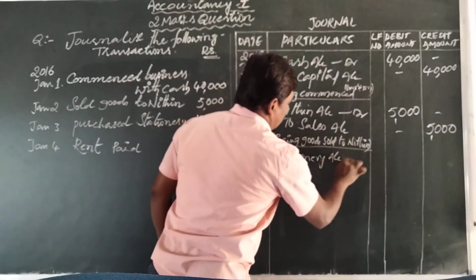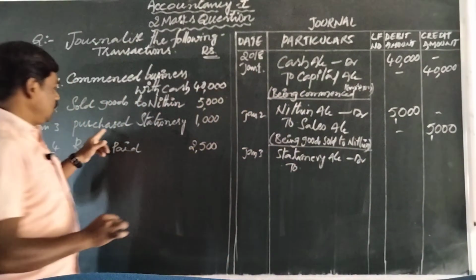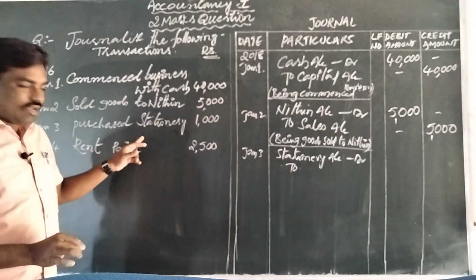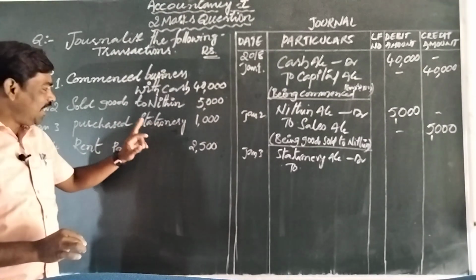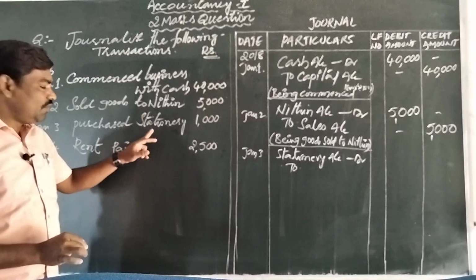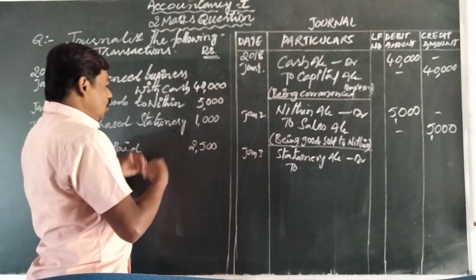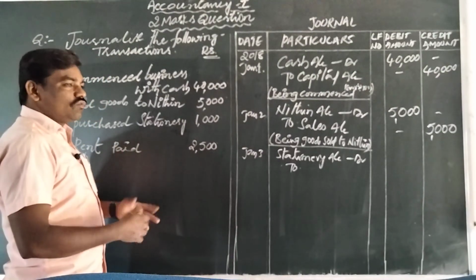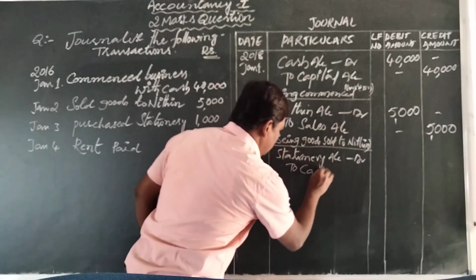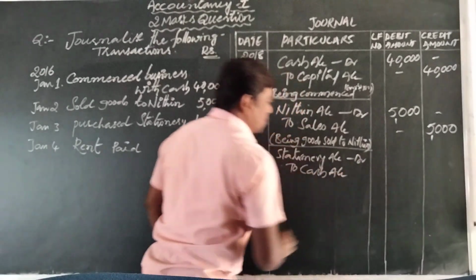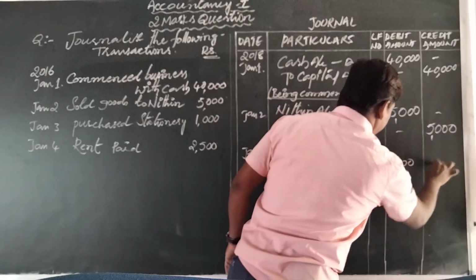Stationery account debit to. Here the second aspect is not given, but we identified one aspect as an expenditure. So when we find one aspect is an expenditure, we can think that the opposite account would be cash account. So here you write cash account, amount of rupees 1,000.